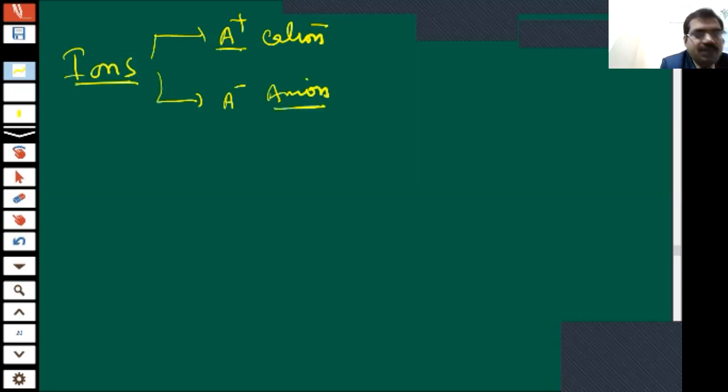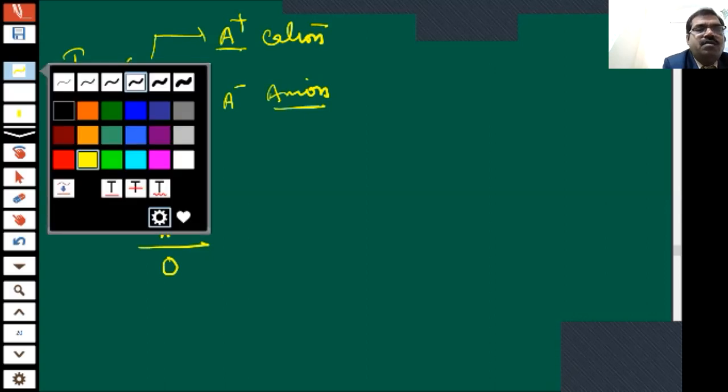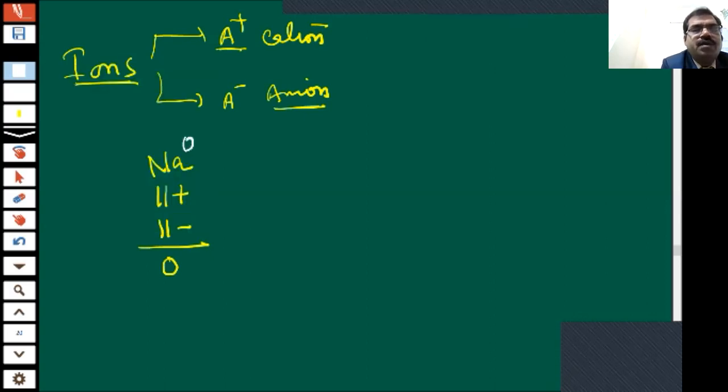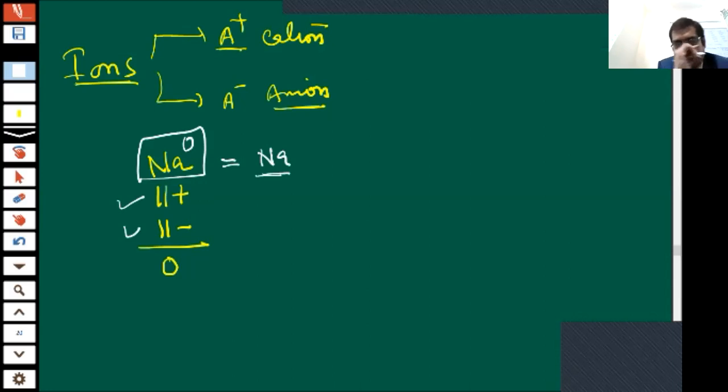Generally, suppose an atom is there. An atom is neutral. In a sodium atom, 11 plus is there and 11 electrons are there. So the total charge is 0, and that total charge is written over here on the symbol, Na0. But generally we do not write 0. We simply write Na. It means it has equal number of plus charge and minus charge.